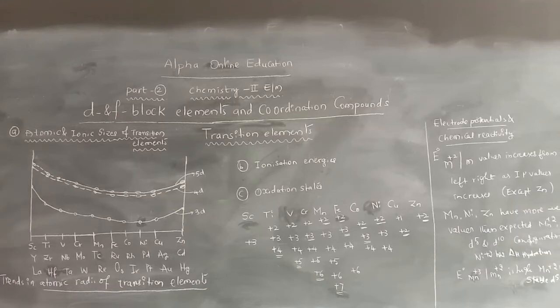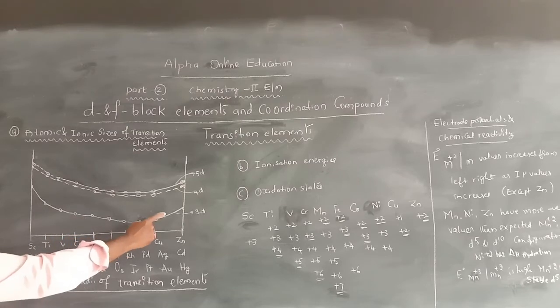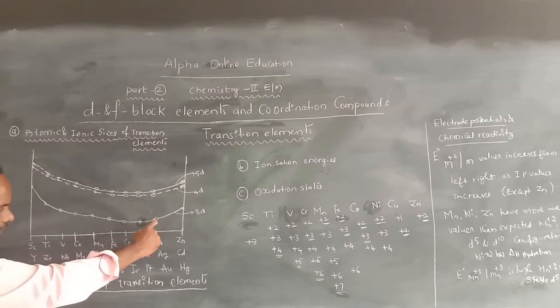When you observe the atomic and ionic sizes of transition elements, the scandium size is somewhat greater when compared with titanium and vanadium. While the atomic number increases from left to right in the periodic table, the size of the atoms gradually decreases.